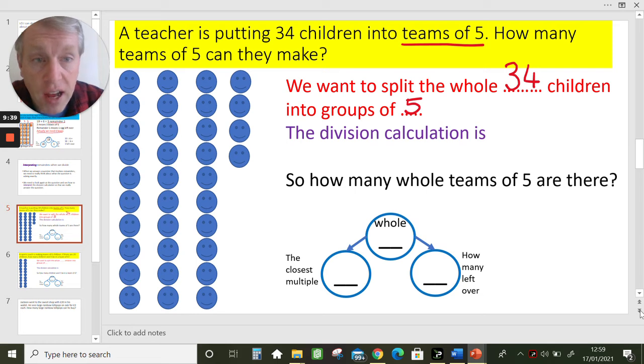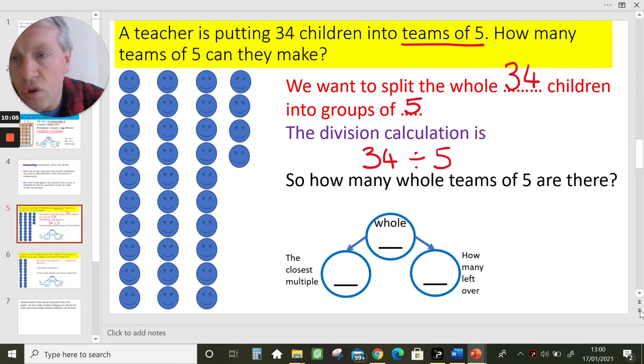So the division calculation, remember, the whole thing that we're splitting up goes first. 34 goes first because it's 34 children that we're splitting up. And we are making groups of 5. So it's 34 divided by 5.